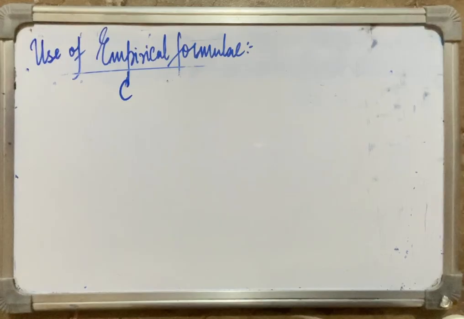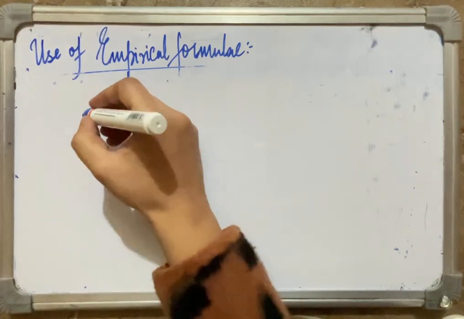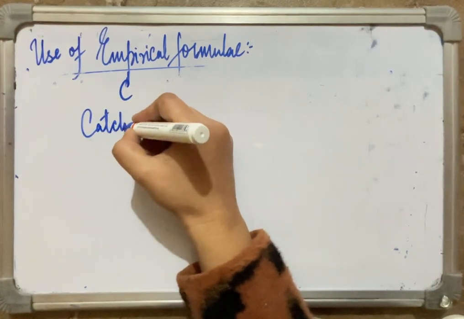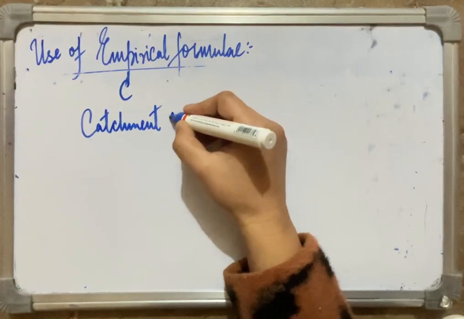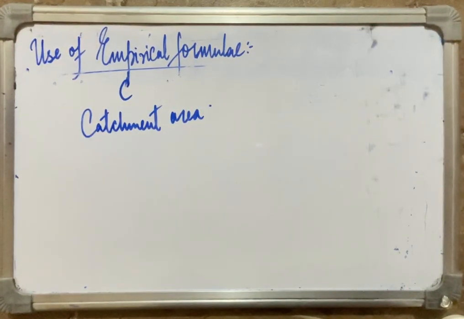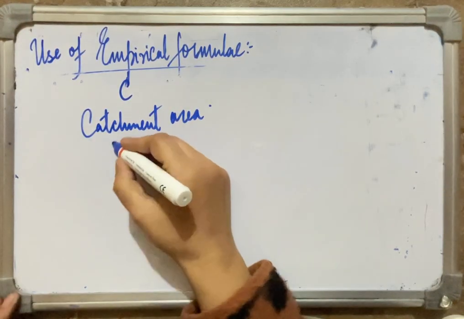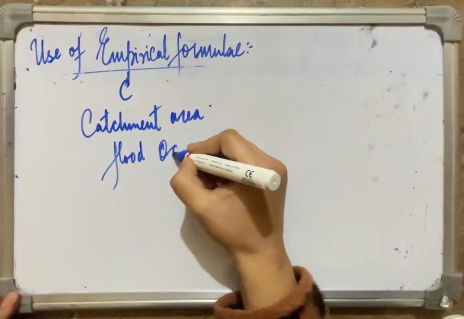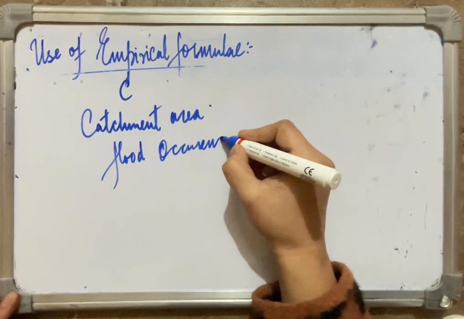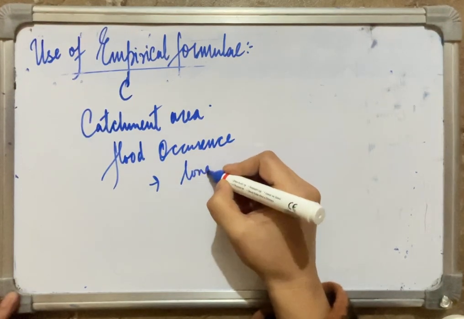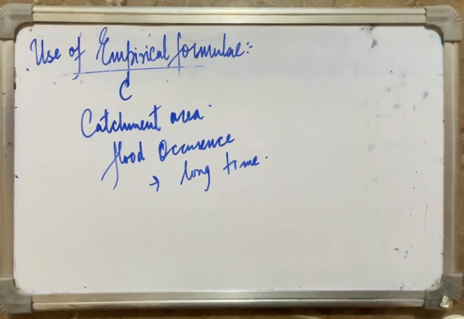The reliable value of constant C can only be obtained by a careful study of the catchment area with respect to flood occurrence, and that too for a long time. And it still is doubtful whether such a value of constant can be applied with success to an entirely different region.